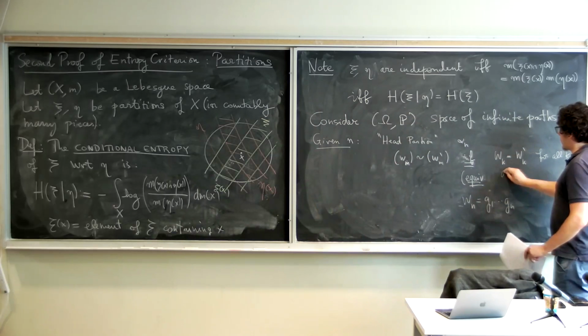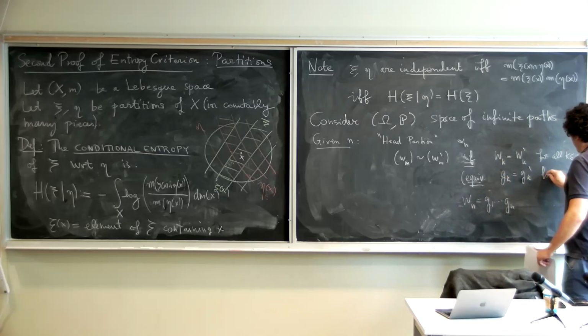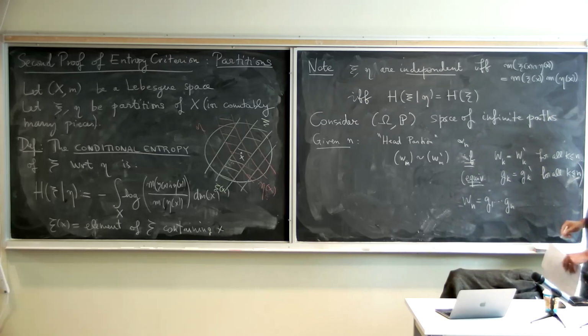This is the same as Gk equals Gk prime for all k less than n. Because G1 is W1, and W2 is G1, G2. So it's equivalent to impose that these are the same. Okay.